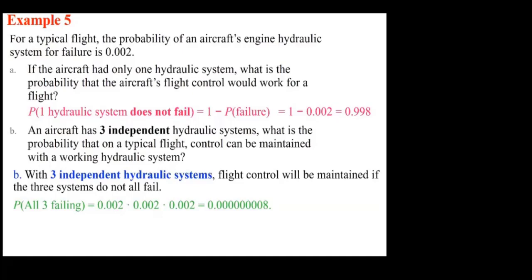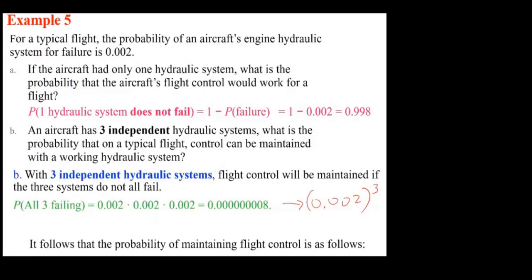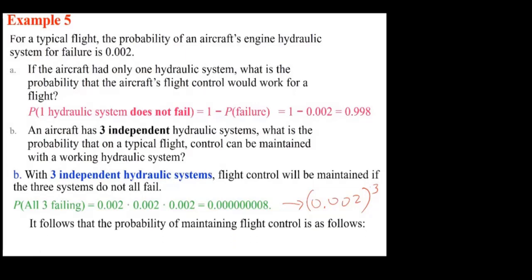One easy notation would be 0.002 to the power of however many independent systems, here the third. So this is the probability of failing, and therefore the complementary event answer is 1 minus this, and as you can see, the probability is almost 0.